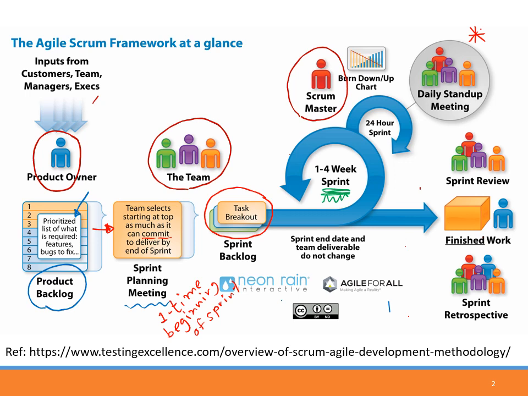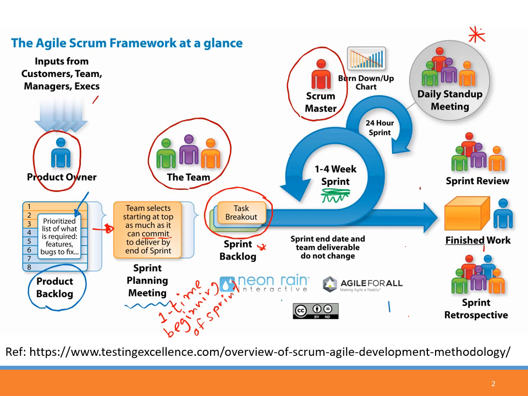Sometimes we call it just the stand-up meeting, and somebody calls it just the daily meeting. But anyway, it is a daily meeting where at the beginning of every day, everyone will stand and have a very, very short meeting. So what do we do in this daily meeting? Since we meet every day in the morning before we start working, we look at the sprint backlog and choose the work that each member will commit to do.